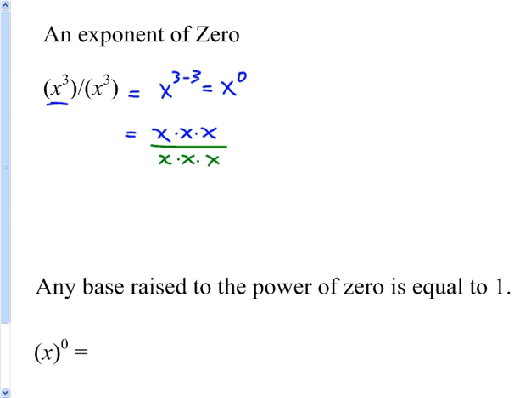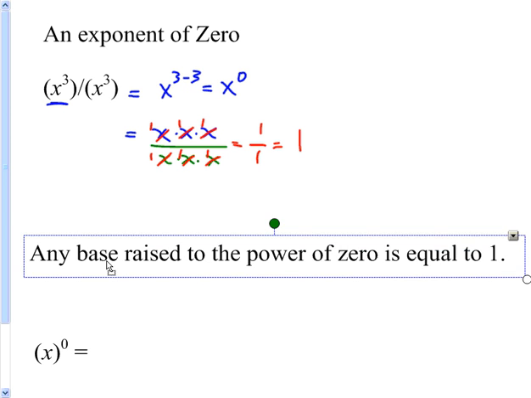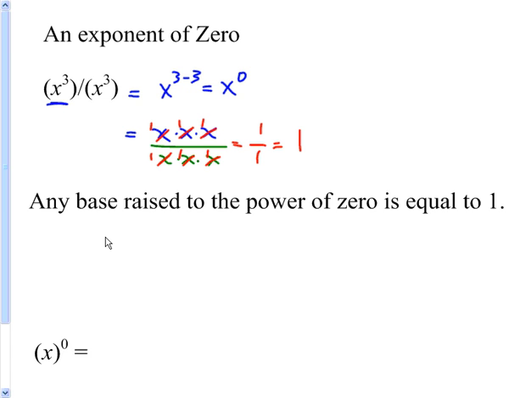Now it turns out, when I start doing my slashing, these all become 1s. So I'm left with 1 over 1, or 1. So it turns out, anytime I have a base raised to the power of 0, that is equal to 1. Not x to the 1, but simply the number 1. So when I get something like this, we say that that is equal to 1.